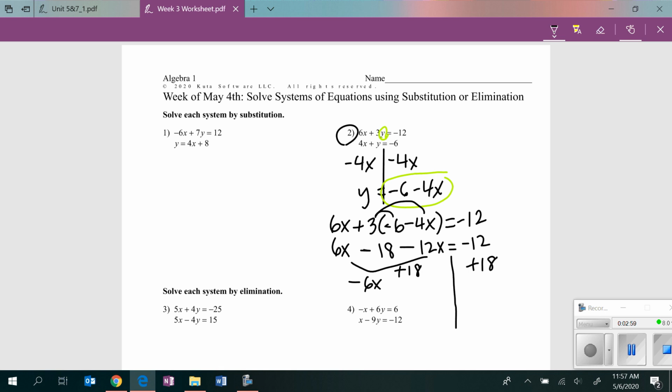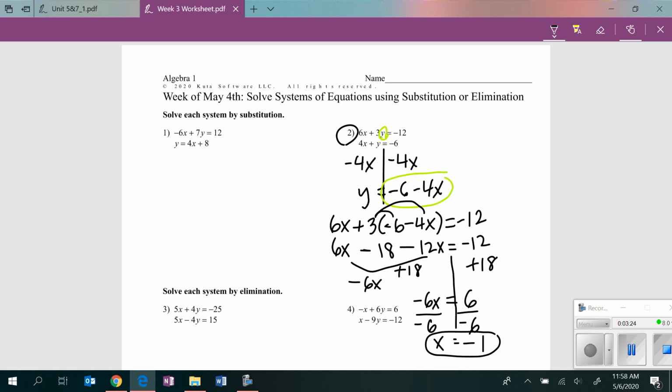And so I'm left with this -6x on this side equals 18 added to a -12, which is going to be a +6. And then I just divide out my -6. I've got x equals -1.